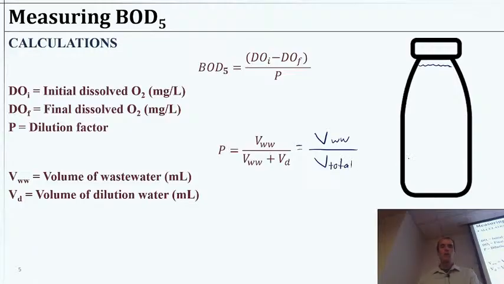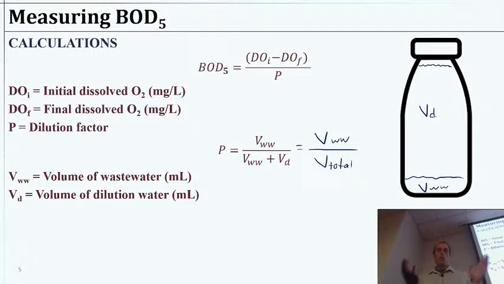Would be another way to describe that, where we have probably a little bit of wastewater and a lot of dilution water. Okay, that's going to be typical. Again, thinking about how much oxygen we have to work with, it's not a lot, and how much waste, the strength of the waste, which is usually a lot.